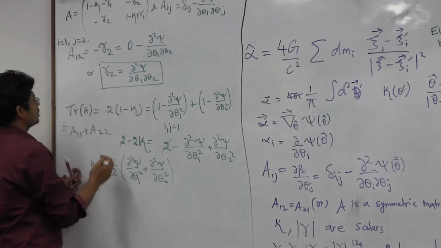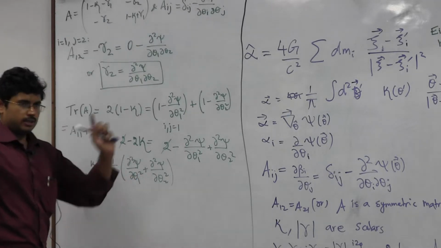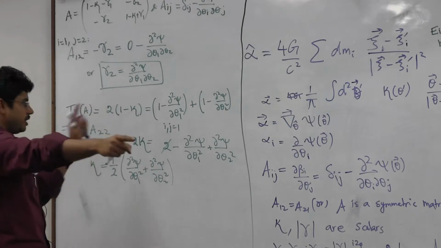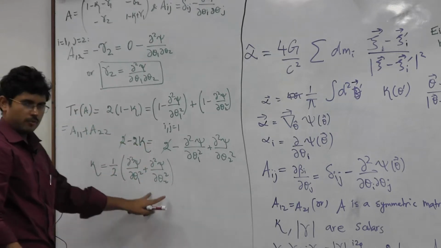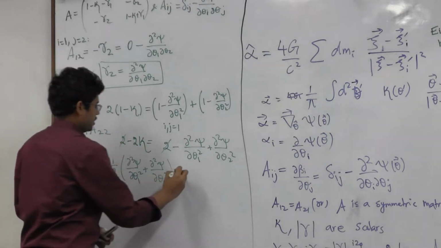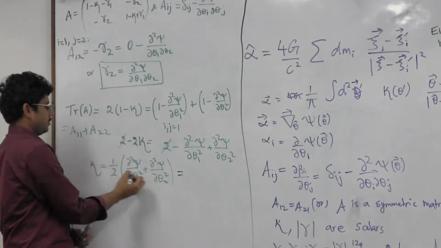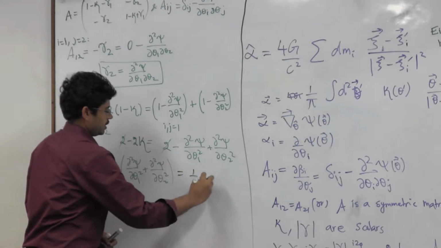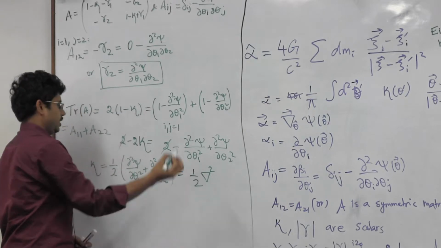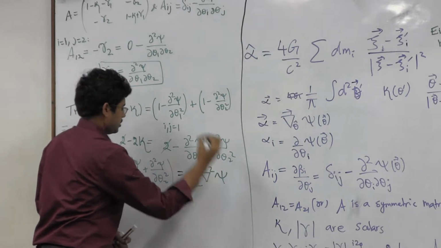Whether you choose theta 1 and theta 2 in this direction or theta 1 and theta 2 in this direction, this combination will stay the same. And there's a more compact notation for this. It's given by the gradient square, or it's called the Laplacian operator.